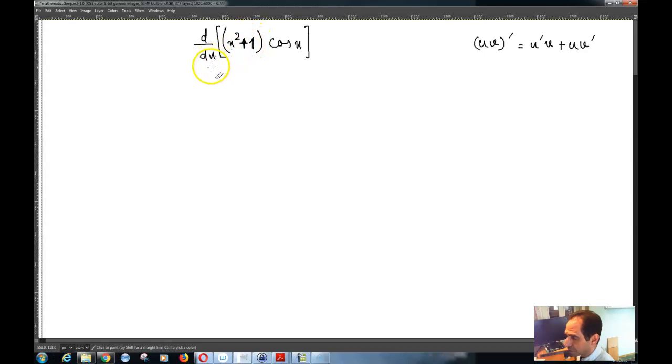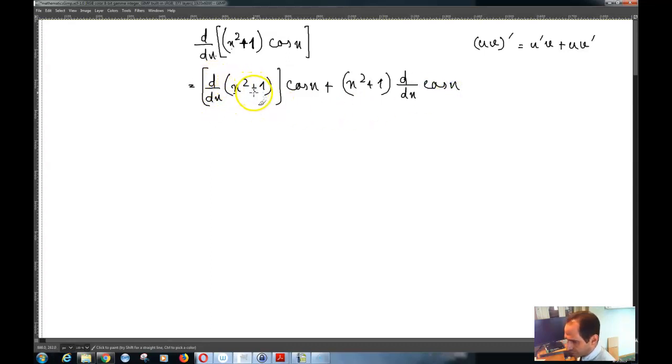So you can write this as d by dx of x squared plus 1 times cos x plus x squared plus 1 times d by dx of cos x.